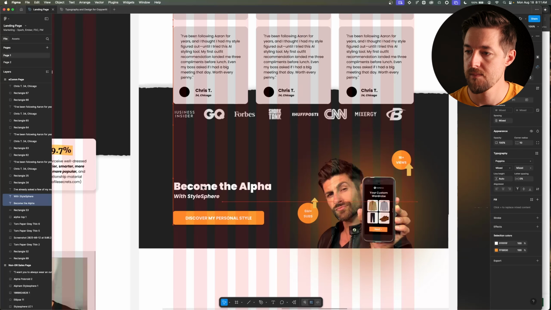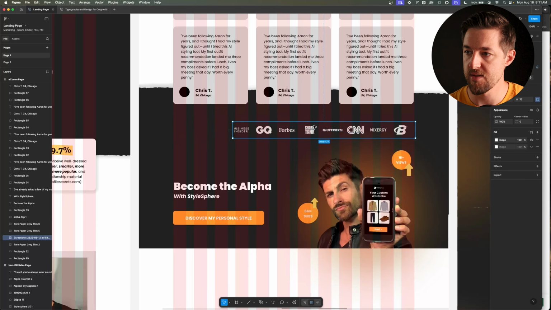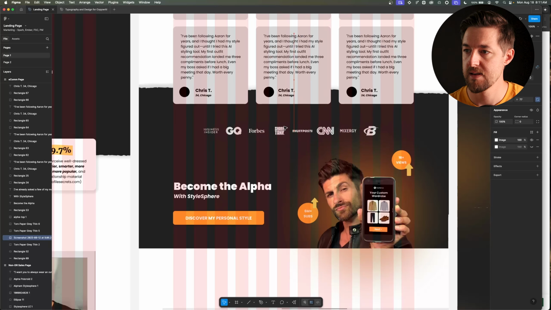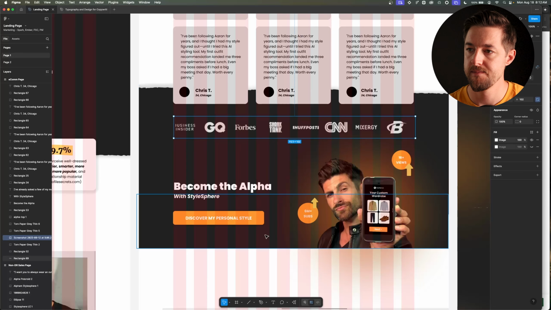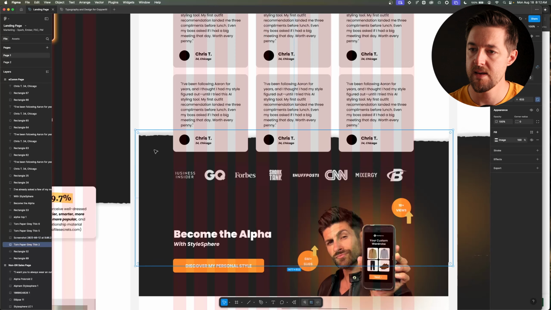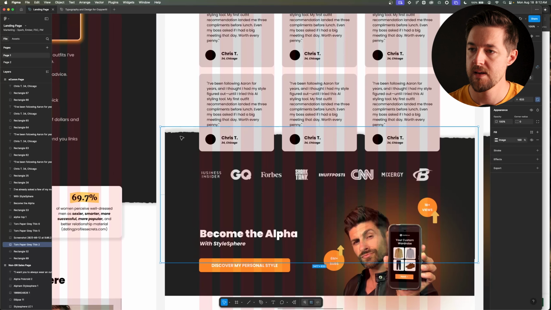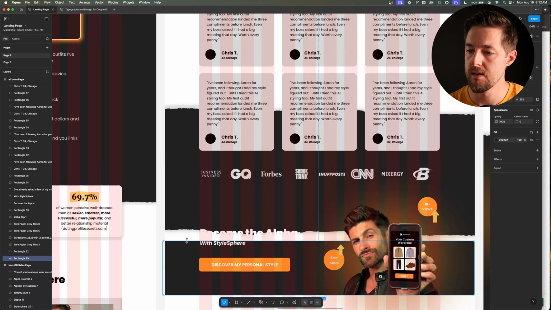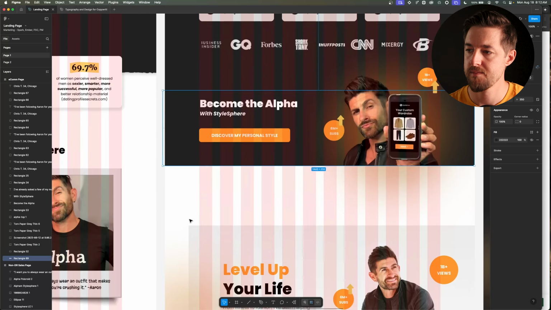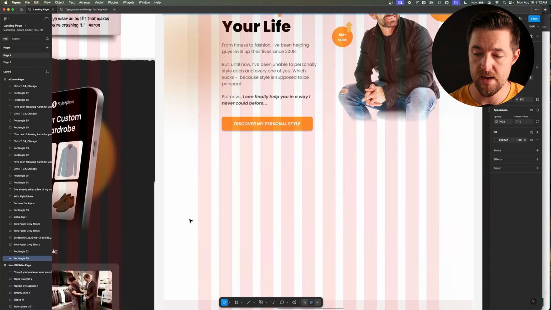Or, whatever size you feel is appropriate there. I feel like that looks just a little bulky. I like it full width. Okay, final thing. I want that to be a little bit higher. Okay.